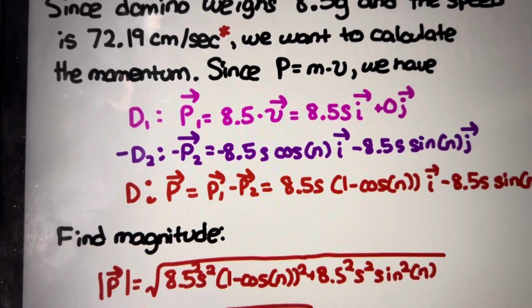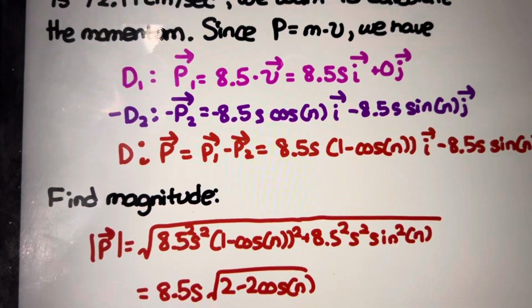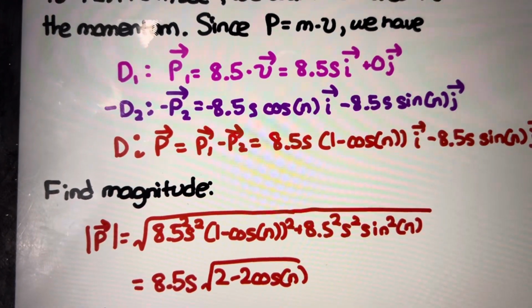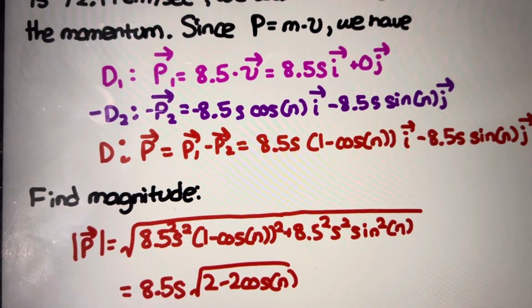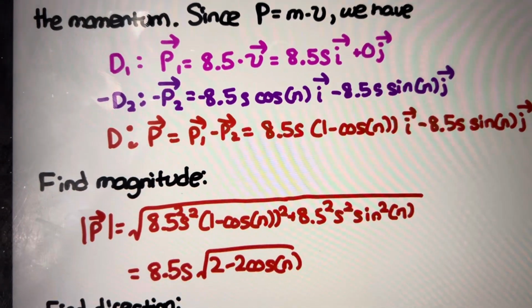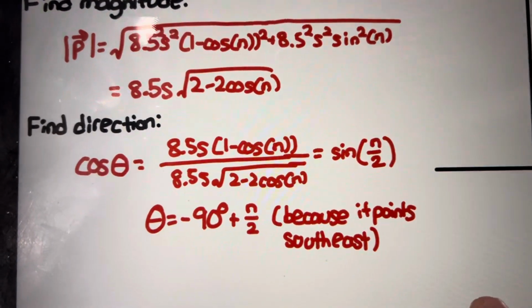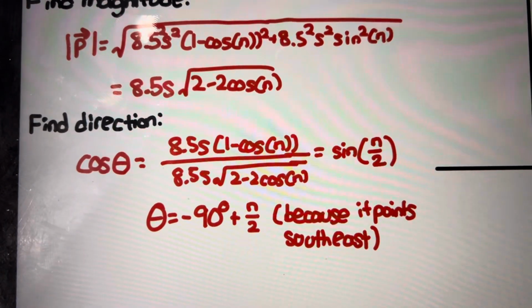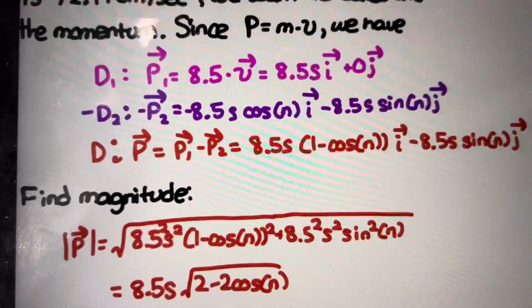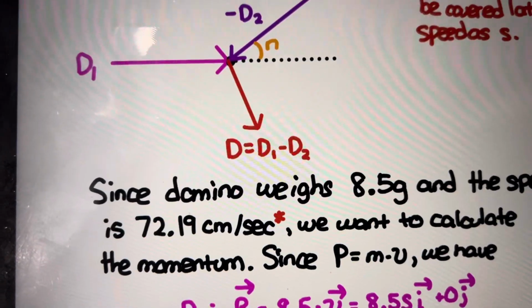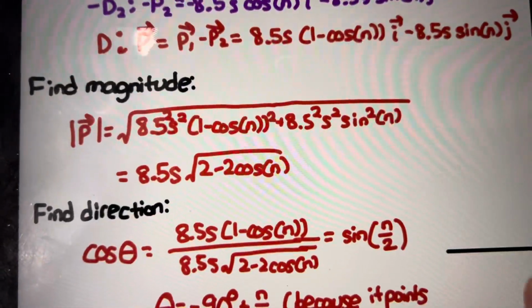Now, we find the magnitude here, and we got 8.5 times the speed constant times the square root of 2 minus 2 cosine of n. Then we find the direction, and here I got negative 90 plus n over 2 because it points southeast. So this means the cosine would be positive, but sine would be negative.